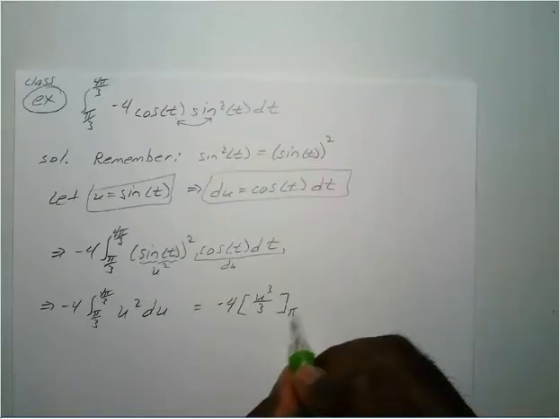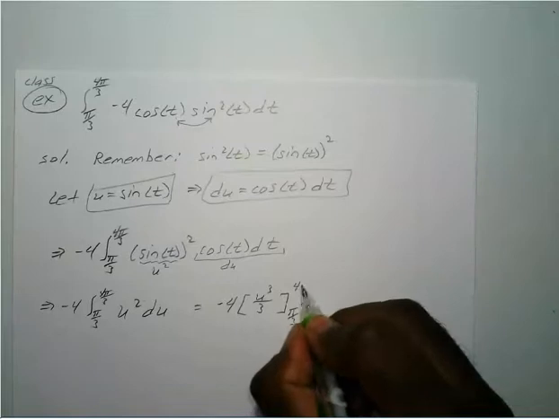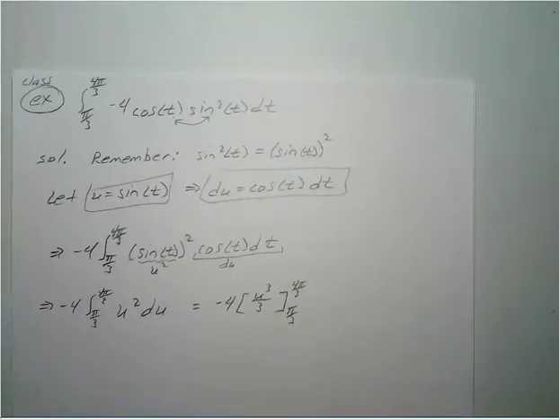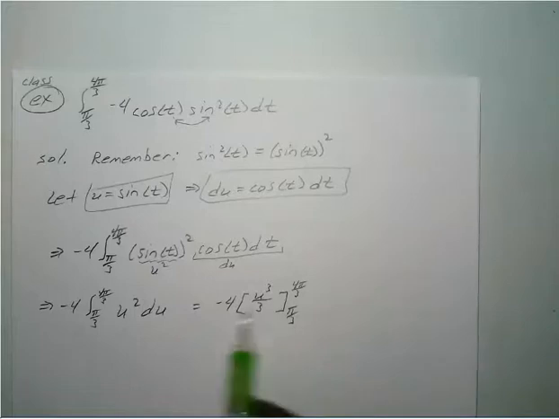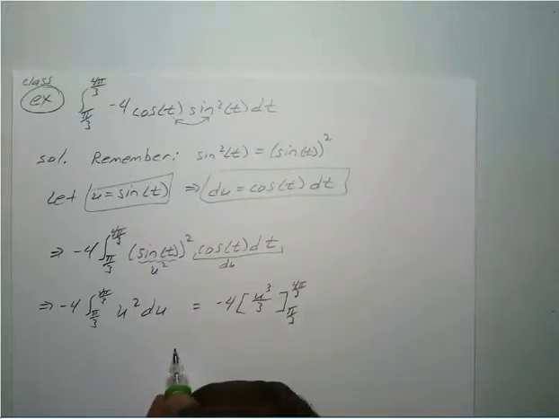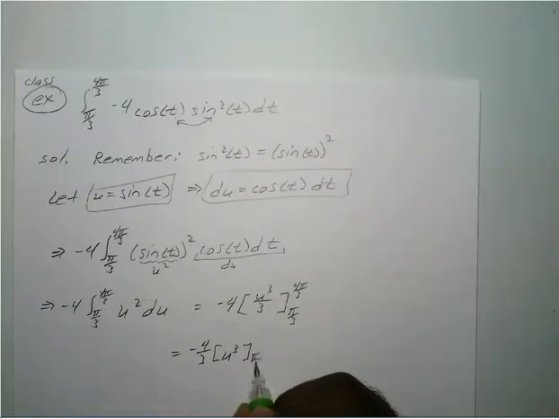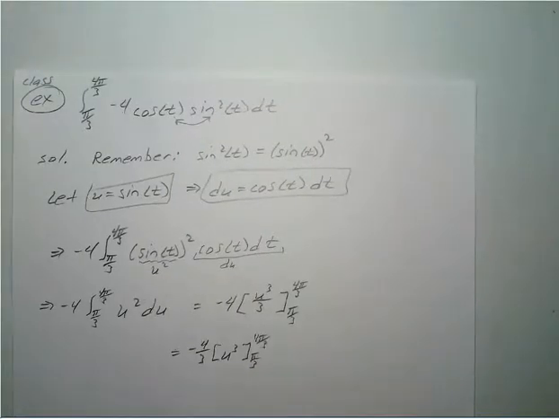And that's from pi over 3 to 4 pi over 3. So you can go ahead and factor out that 3. You don't really need it right there. So you have -4 over 3 times u to the third, pi over 3 to 4 pi over 3. All right, so we're going to go ahead and just replace our u.